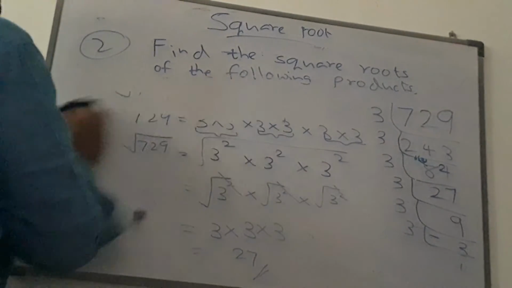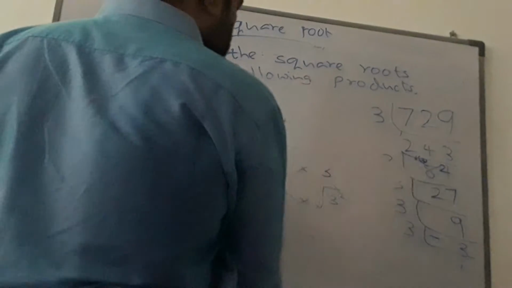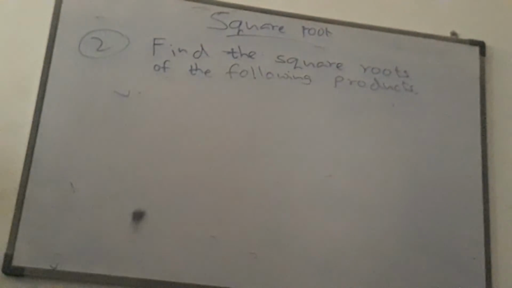Okay, next sum. Next sum is 784. Square root of 784. Again we have to do the prime factorization. 784 is an even number and it is divisible by 2, the least prime factor.